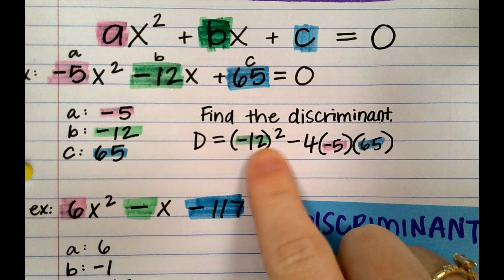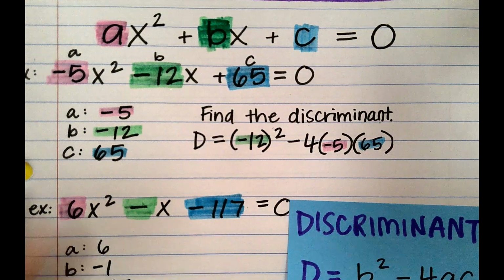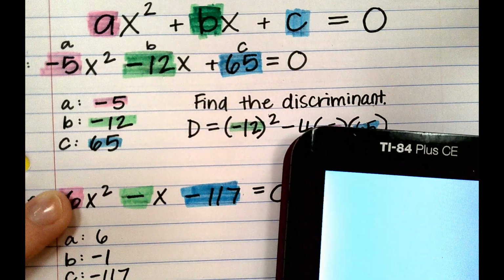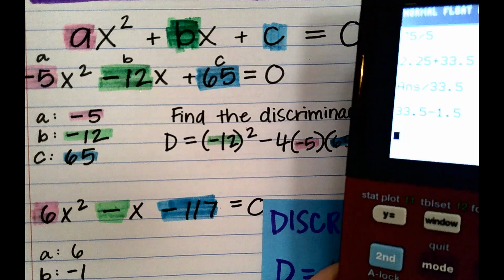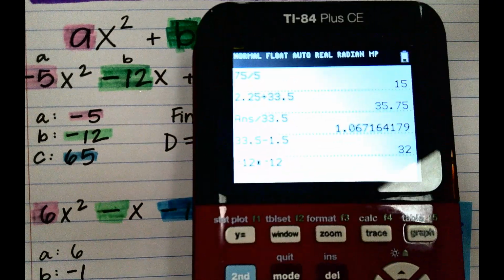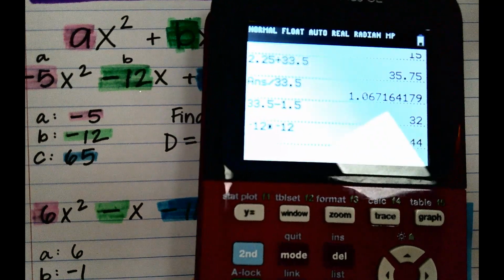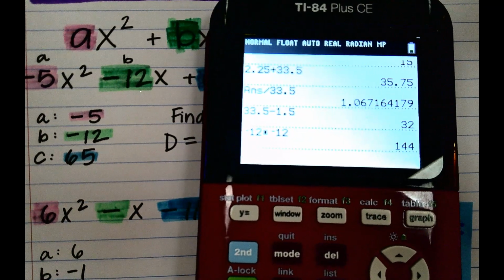This is, like you said, Charles, negative 12 times itself, times negative 12. So when I type in negative 12 times negative 12, like this, and hit enter, I get positive 144.